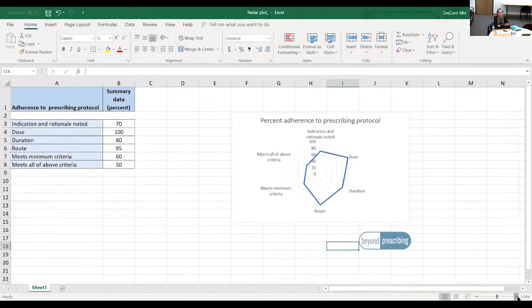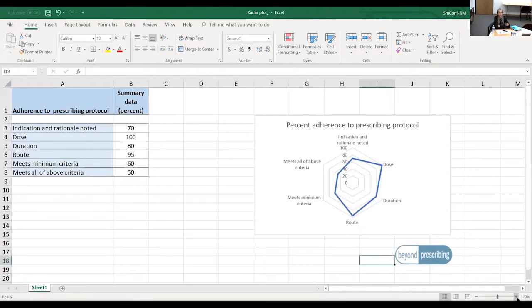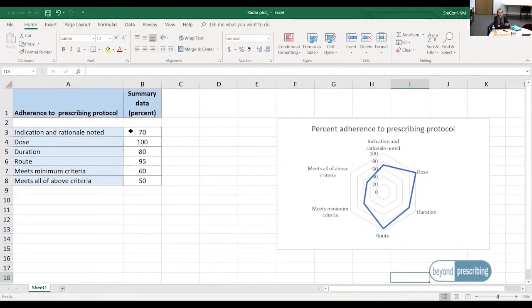So if you look here at adherence to prescribing over time, this would represent a number of patients. You might find that when you summarized your data, you have 30% of the patients have their indication and rationale noted.